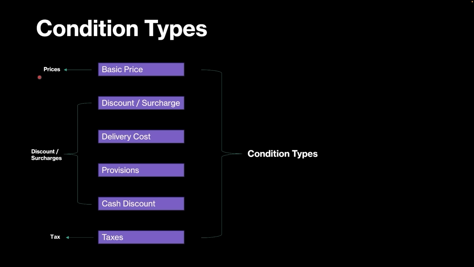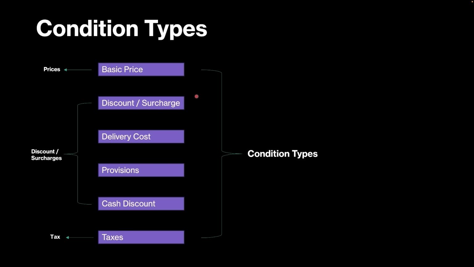That is, you have prices, then you have discounts or surcharges, which are basically added to these prices, and then you have tax. Okay, so you can see the basic price comes under the category of prices. All these elements, that is discount or surcharge, delivery cost, provisions, and cash discount, come under the purview of discounts or surcharges, and taxes come under the purview of tax.